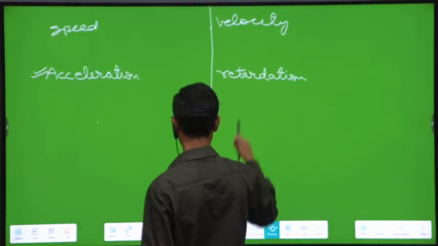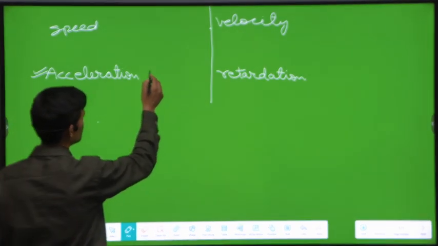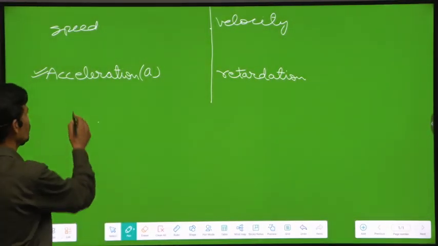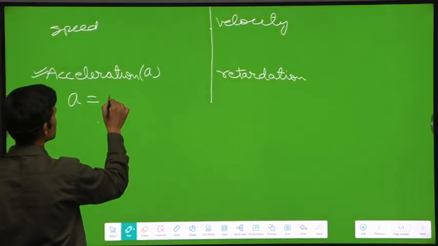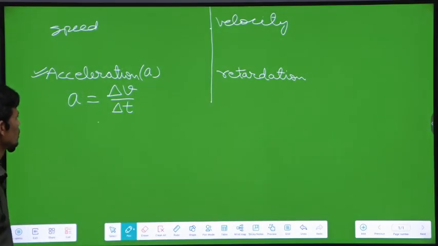Let's study it quantitatively. So acceleration is actually the rate of change of velocity. That's all.